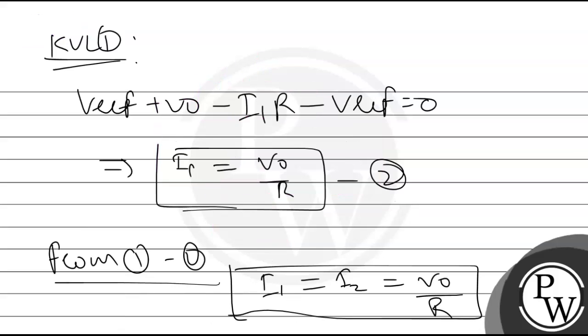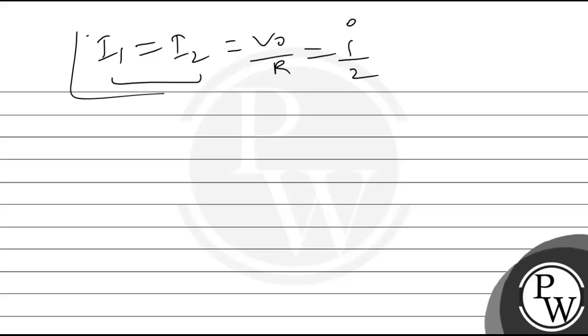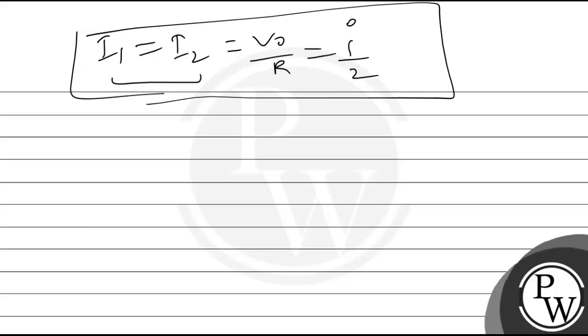So here we can write that I1 equal to I2 is equal to V naught upon R, and these currents are divided equally, so the value is I upon 2.